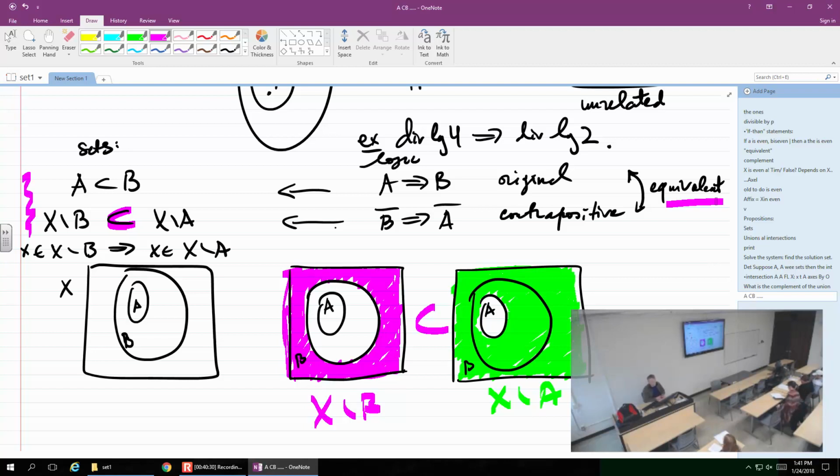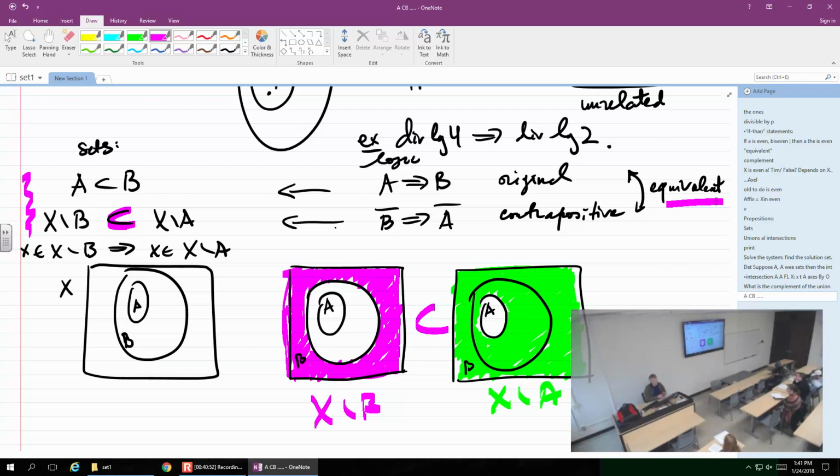Okay, so like I said, it was a logical idea that we translate into sets, and it also takes this very tangible form. So that picture at the bottom is an illustration of the logic of contrapositive.